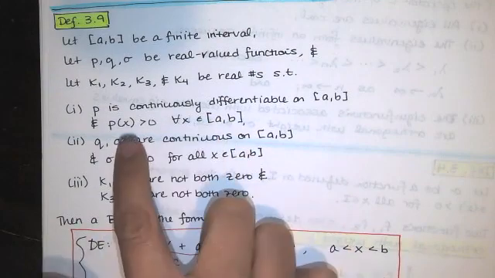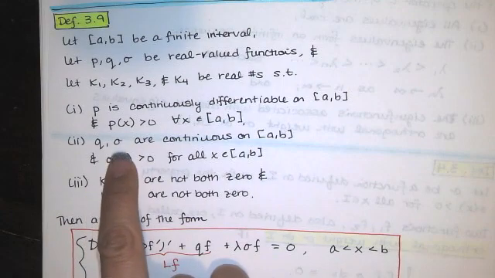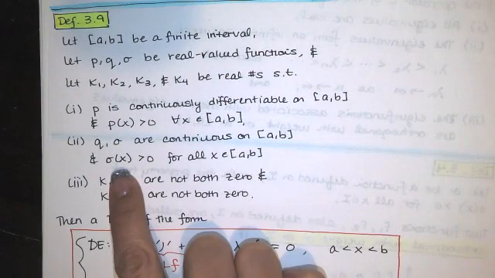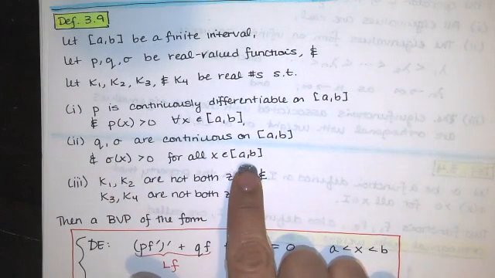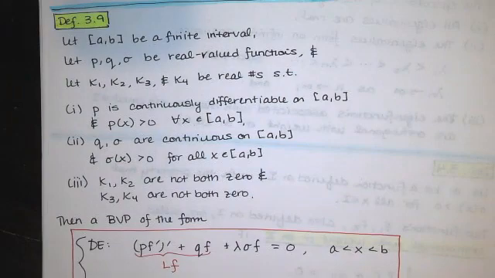So it's positive all the time for the interval of interest. And q and sigma are continuous on the interval from a to b, and sigma is positive for all x values in that interval. And kappa 1 and kappa 2 are not both 0, and kappa 3 and kappa 4 are not both 0.